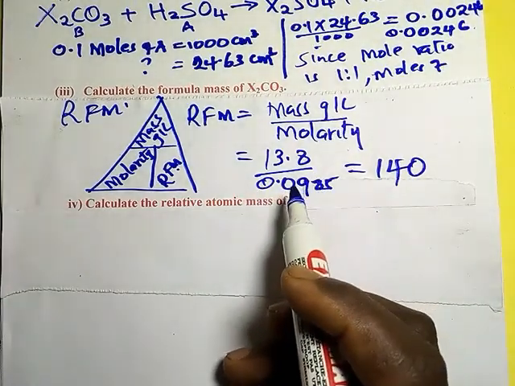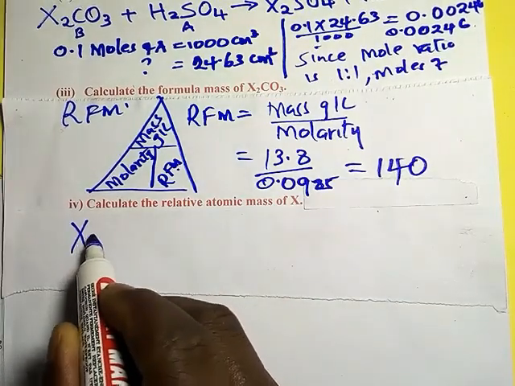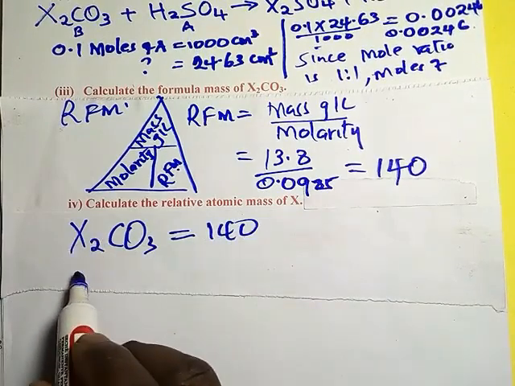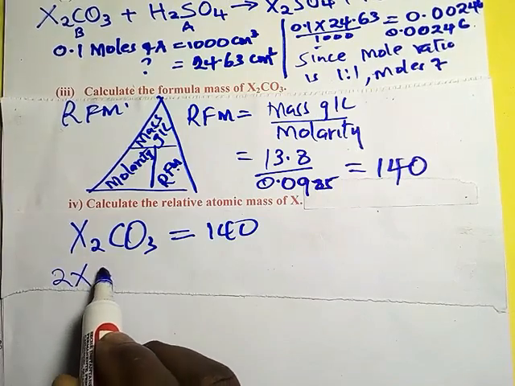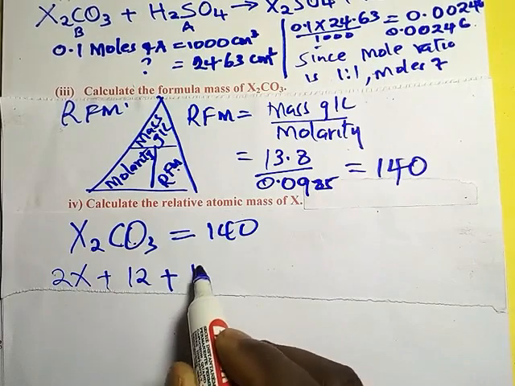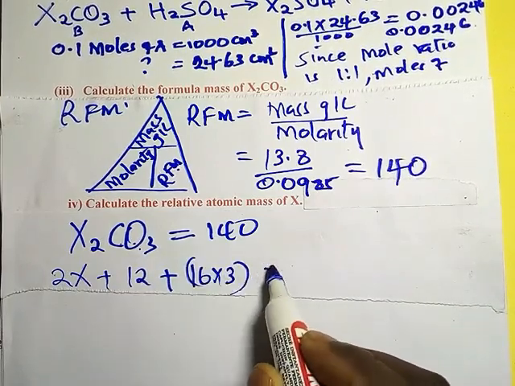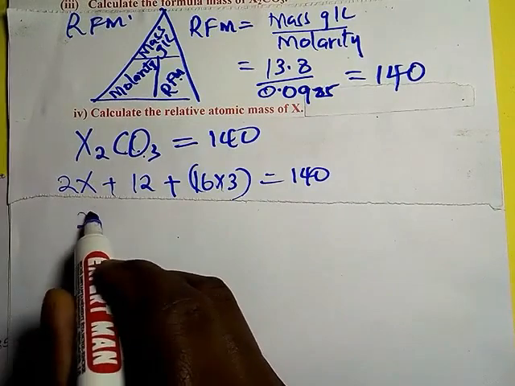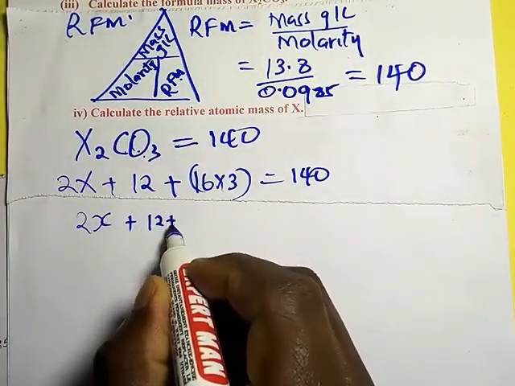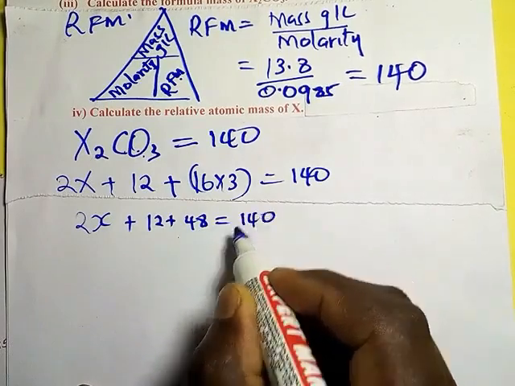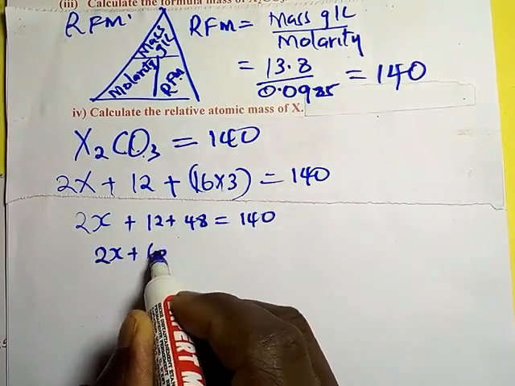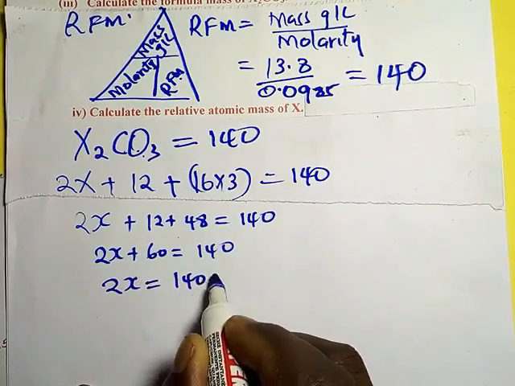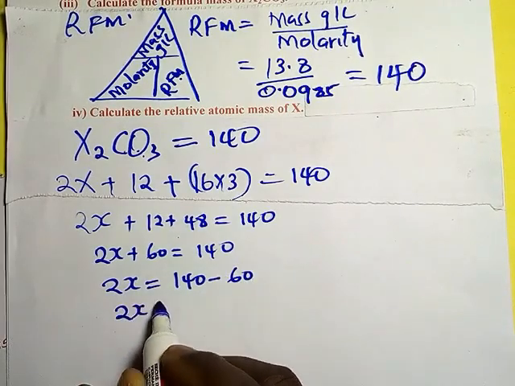Calculate the relative atomic mass of X. So we have X2CO3, which is equal to 140. But we know that these are 2X plus 12 plus oxygen times 3 of them, which gives us 140. 2X plus 12 plus 48 equal to 140. 2X plus 60 equal to 140. 2X equal to 140 minus 60. 2X equal to 80.